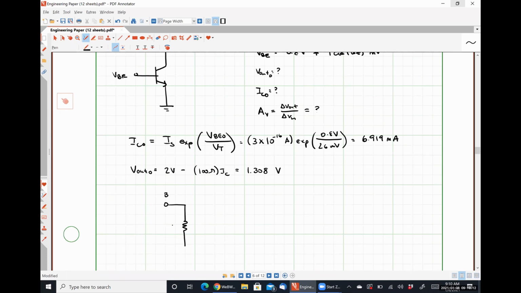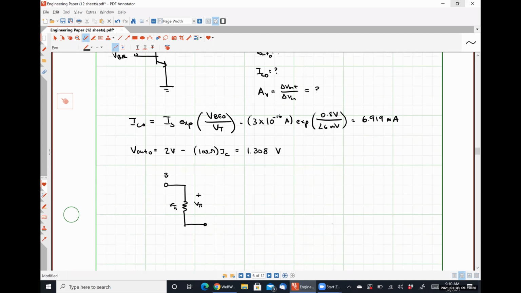So here is R pi, here is V pi, here is GM V pi.